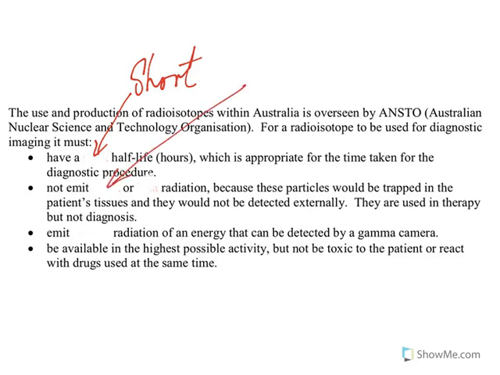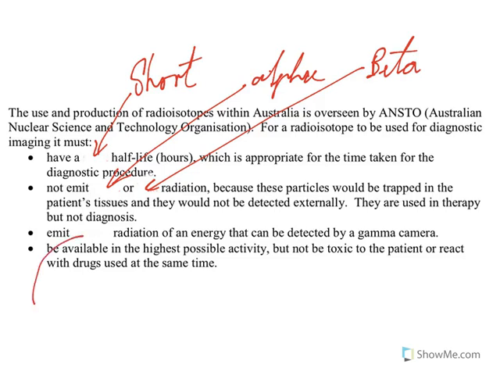So it should not emit alpha, because alpha would be absorbed in the body, or beta, because again beta is quite likely to be absorbed in the body, and as I mentioned before, we need to get it out to be able to scan it, so it needs to emit gamma radiation.